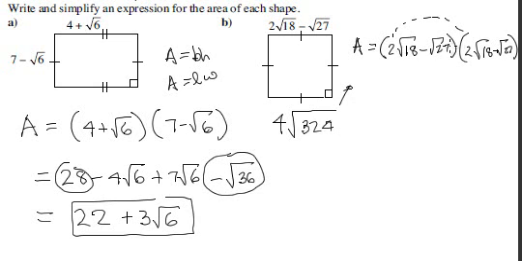Anyway, outside, 2 root 18 times negative root 27 makes minus 2 root, and 27 times 18 is 486. Inside, we get minus root 27 times 2 root 18, which gives us another minus 2 root 486.